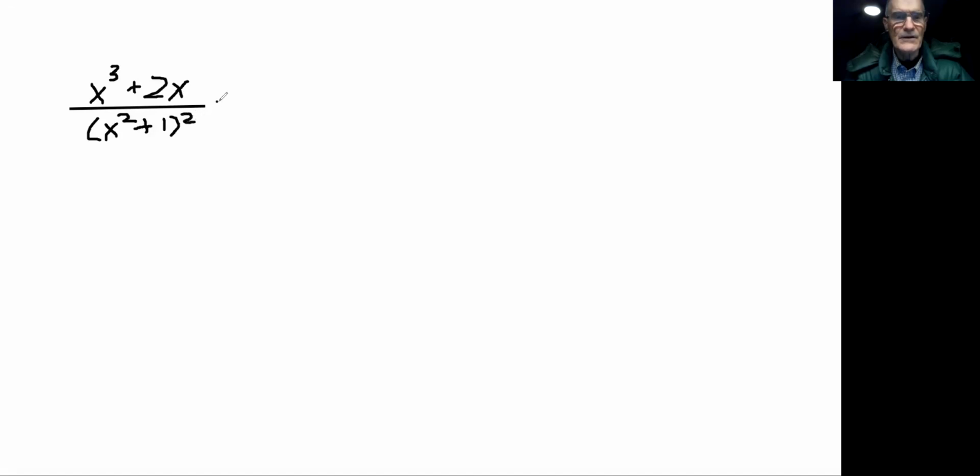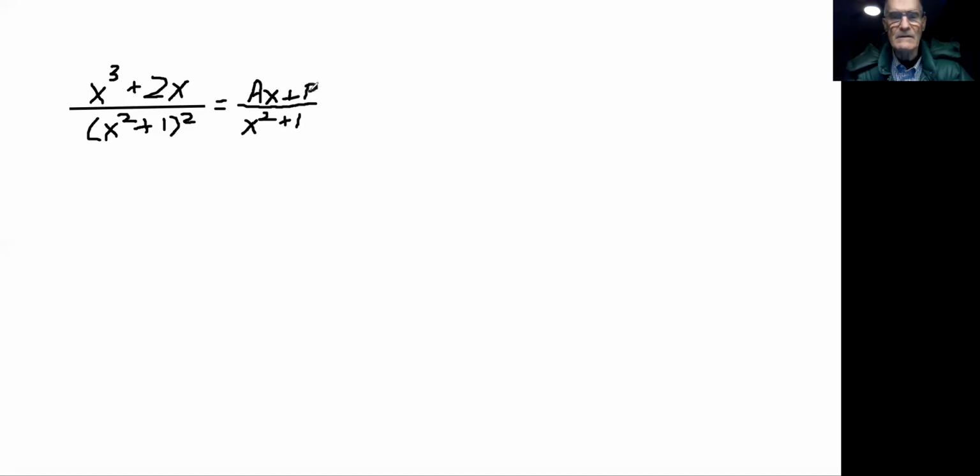Now, because this is irreducible, when I set up my partial fractions, my first partial fraction will have the x squared plus 1 in the denominator. But because this is a second degree function, the numerator will be a first degree function, so it's going to be ax plus b.